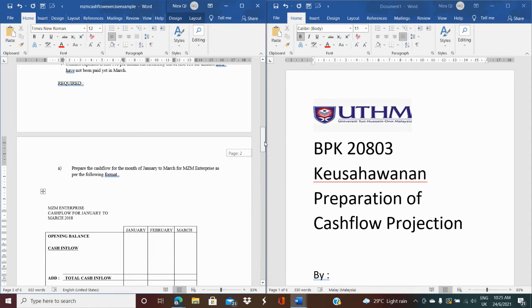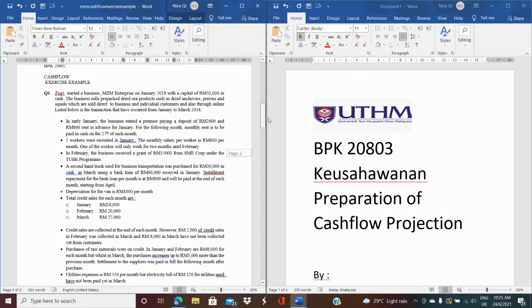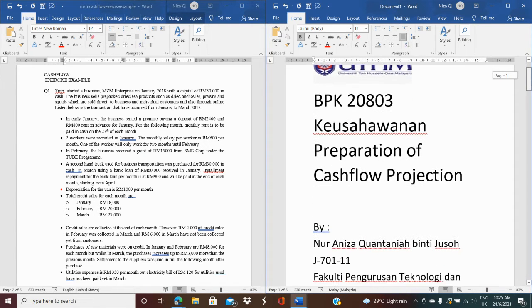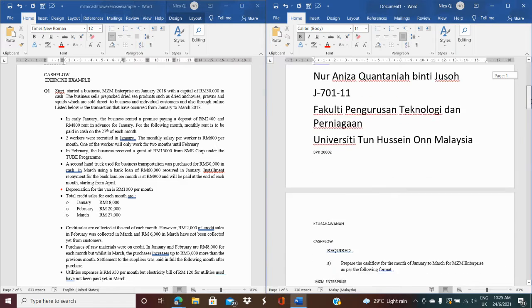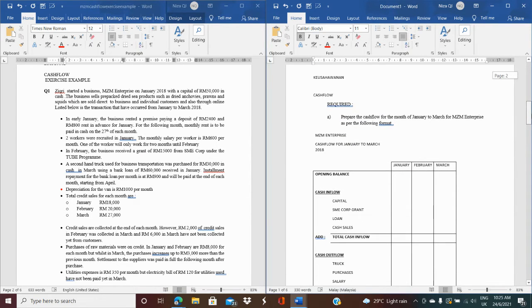I'm going to use another sheet here, another document. This is where we're going to prepare the cash flow. It's the same; I've already copied the format.